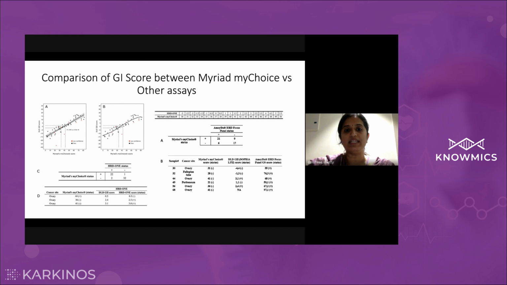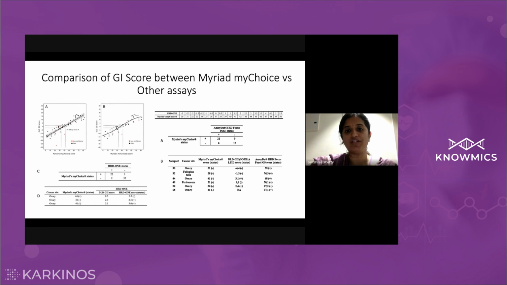I'm sorry that these figures are really small. If you can see on the scale over here, the score of 42 of Myriad comes closer to Sophia's HRD score of 2. The cutoff which was derived for Sophia HRD is 0. So anything more than 0 was considered positive, anything less than 0 was considered negative.